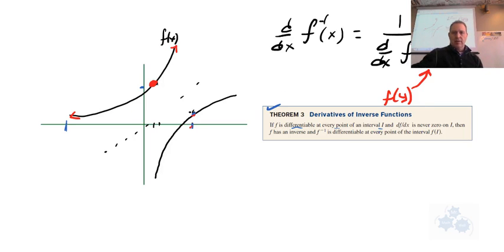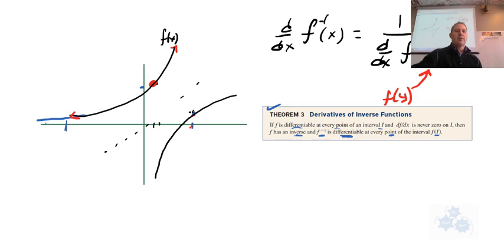So if it's differentiable and the derivative of f with respect to x is never 0, so you never have a local min or a point where the derivative is 0, as would be in an exponential function or something, then f has an inverse f to the negative 1 that is differentiable at every point on the same interval.